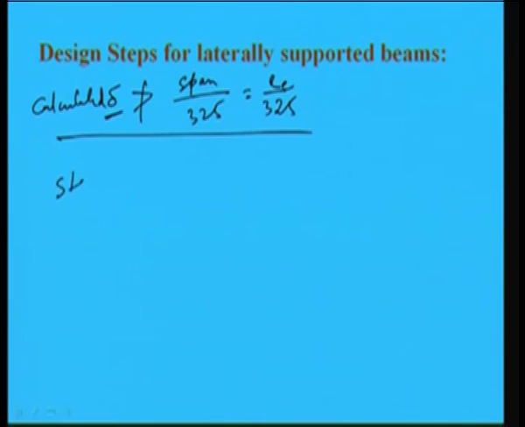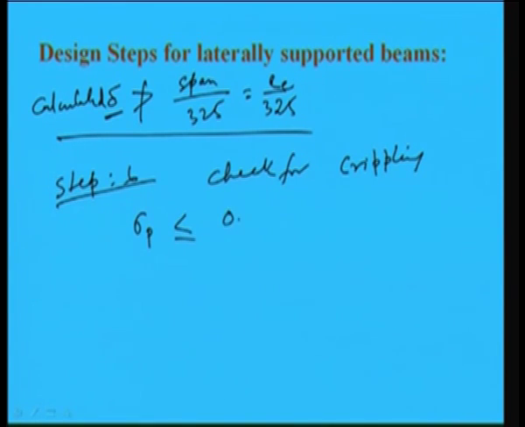Next step, step 6, is check for crippling. Here we will find sigma p, the bearing stress, which should be less than or equal to the allowable stress, 0.75 Fy.